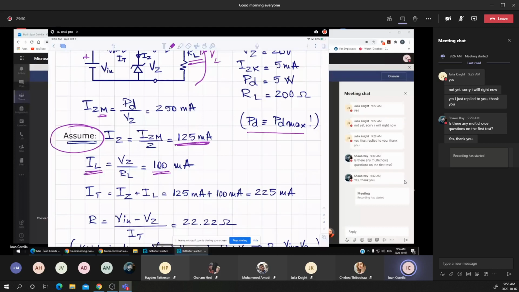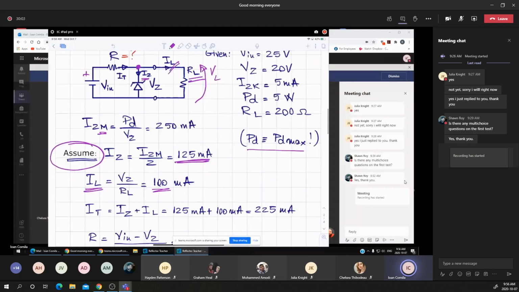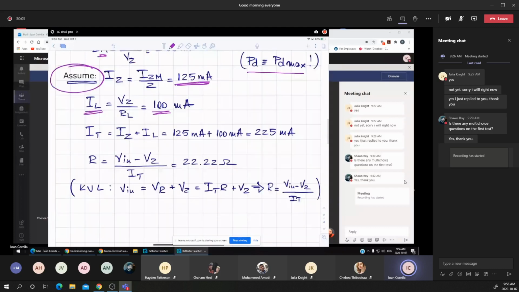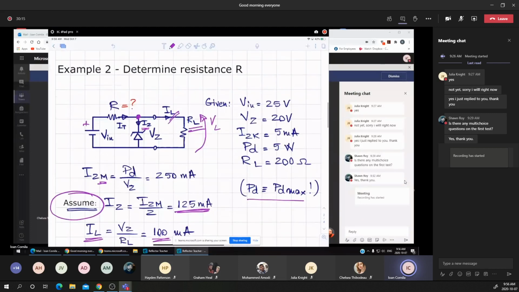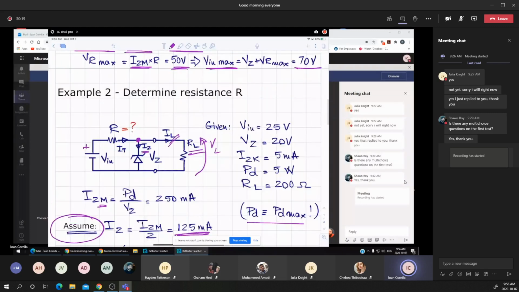Now, applying one of the two useful equations, at this node, this junction, I have the IT as the IZ plus the IL. To find the total current IT: 125 plus 100 makes 225 milliamps. Now we determined the IT, we know the Vin and we know the VZ.